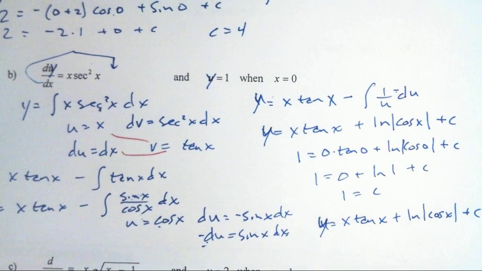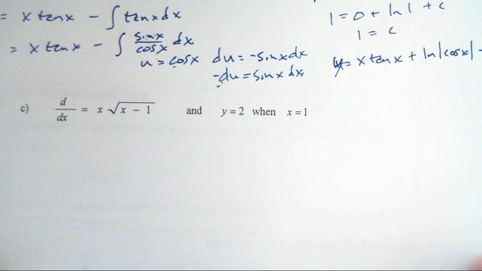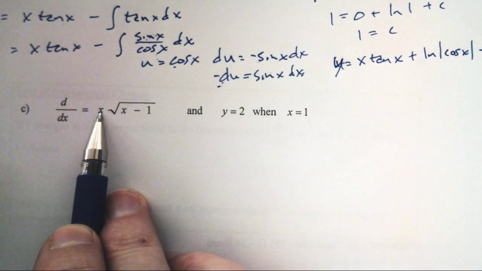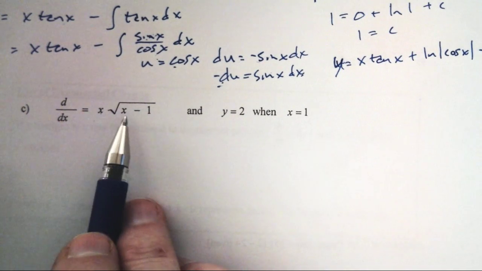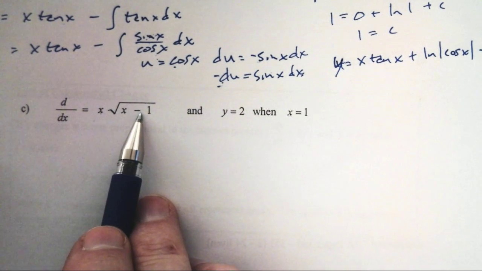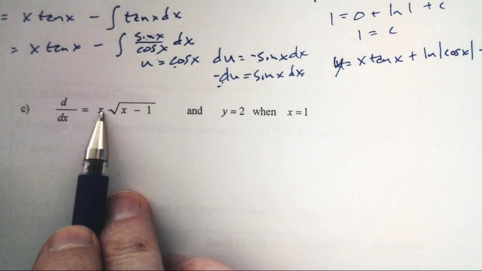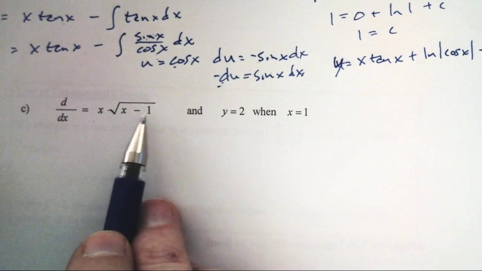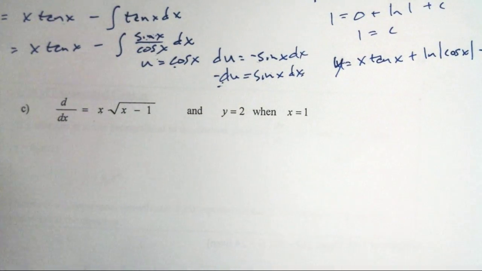Okay. All right, one more here. If I try u du and I make u be x minus 1, the derivative of that's just 1. That doesn't take care of this x. If I make this be u, the derivative of that's 1. That doesn't take care of this. So this is not a u du opportunity for me.